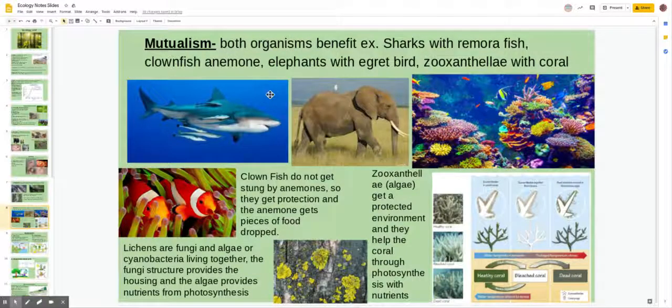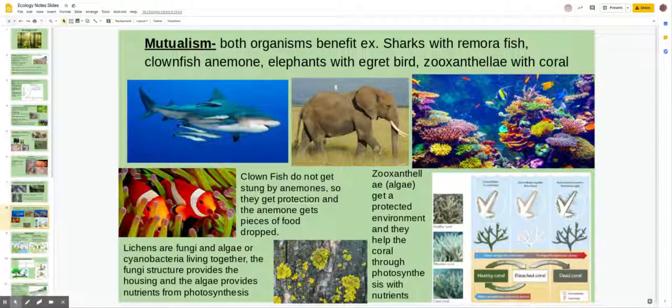Now, mutualism is when both the host and the mutualist organism benefit. There are lots of examples of these in nature. Remoras with sharks. These little remora fish will swim around and on the skin of the shark, and they kind of have rasping mouths that will remove algae.